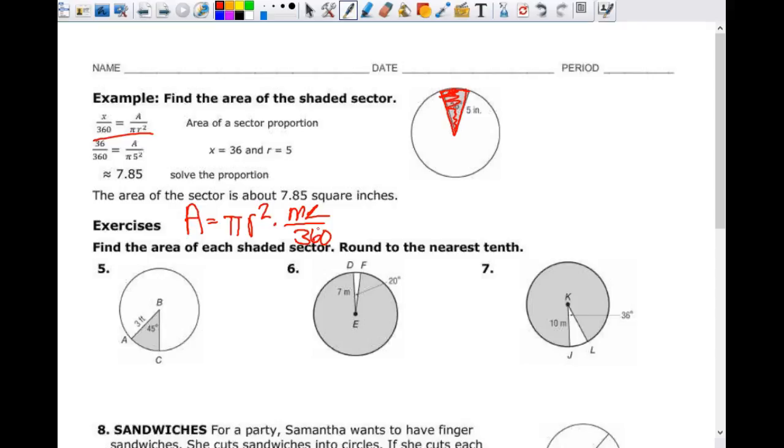So, let's figure out what the R value is here. R is 3 feet. Measurement of the angle is 45 degrees. Plug these in. Area is equal to pi times 3 squared times 45 degrees divided by 360.